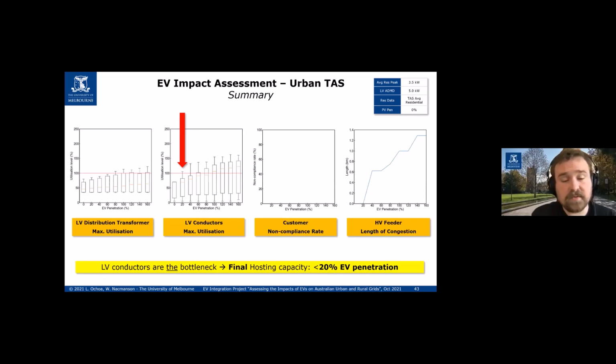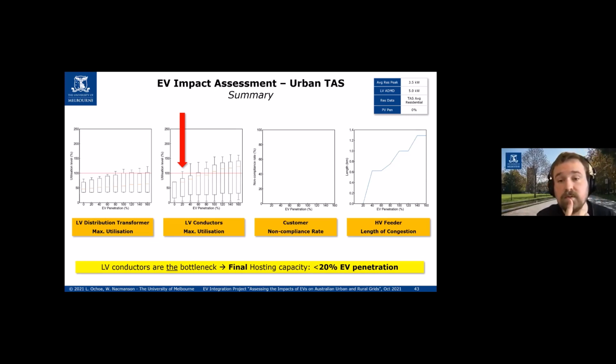However, with this urban feeder, we don't have any voltage issues, but we do have HV feeder congestion issues from as early as 40%, and by 160%, that's over 1.2 kilometers of total congested HV lines that are problematic. So again, LV conductors are the bottleneck here.